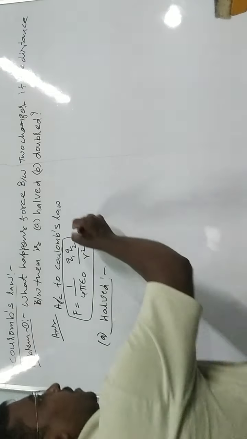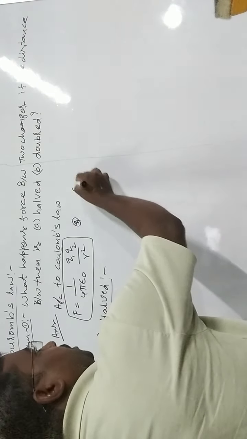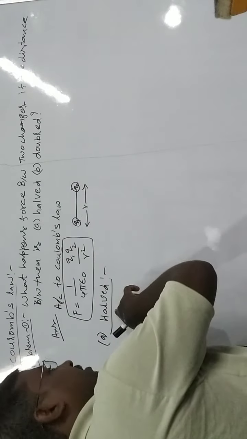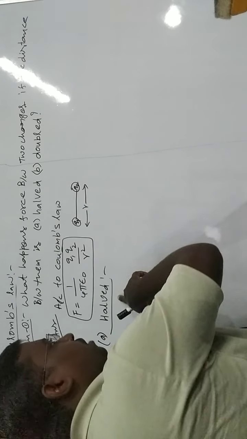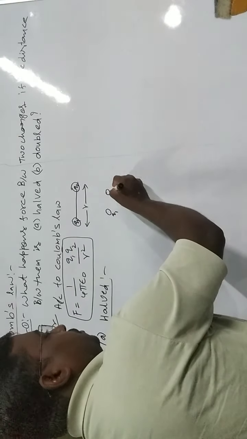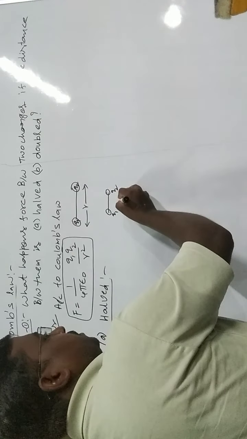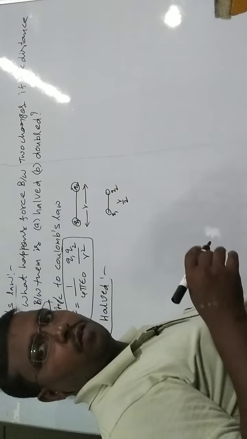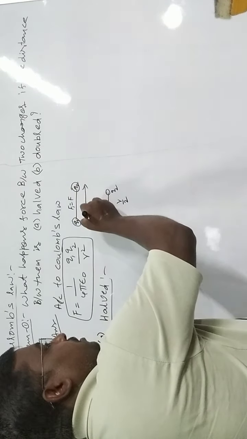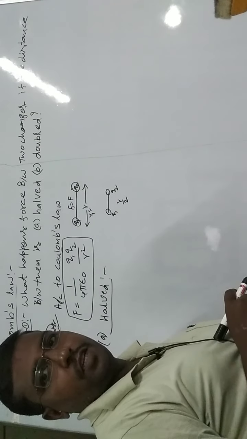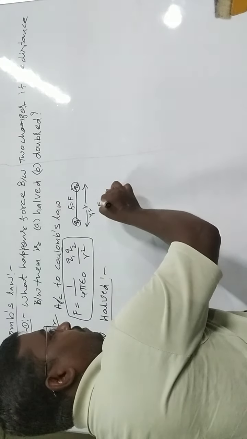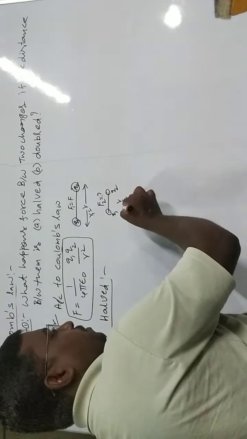Distance is R. We take charges Q1 and Q2, initially separated by distance R. Now it becomes halved, so they move toward each other, and they are separated by distance R by 2. In this situation the force F1 equals F, and the distance R1 equals R, the initial case. Now in the second case, the force F2 we will find, and the distance R2 equals R by 2.